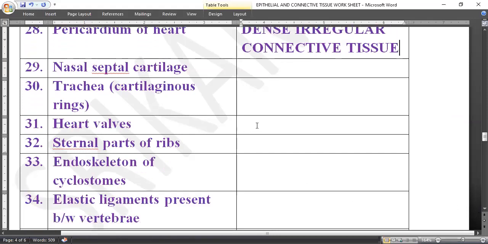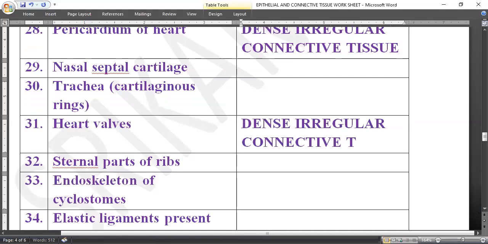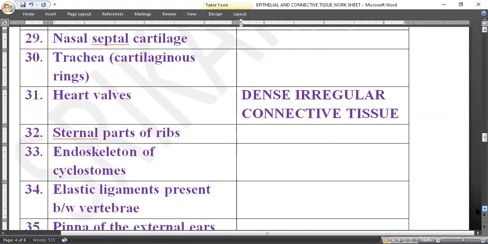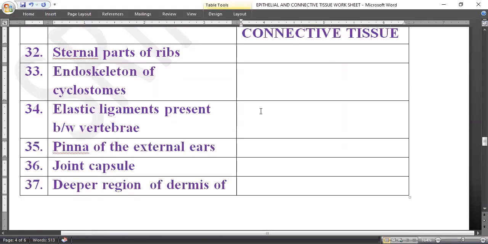Next, heart valves: dense irregular connective tissue. Next, elastic ligaments present between vertebrae: elastic connective tissue, yellow elastic connective tissue.